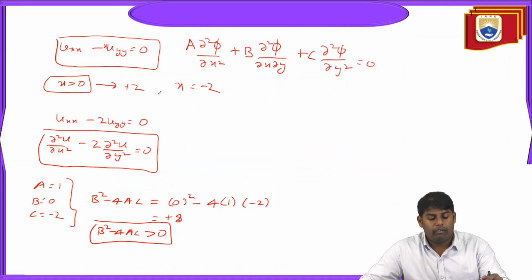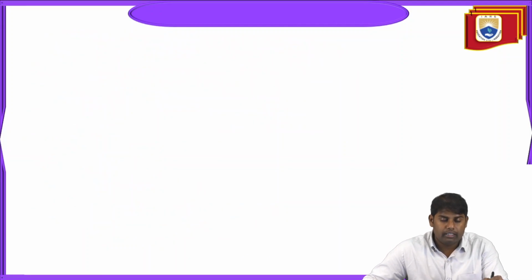So with this, we have seen some sample examples for the hyperbolic, parabolic, and elliptic equations, and we have also seen the Tricomi equation. And there is one method where you can get to know whether you have a parabolic equation or a hyperbolic equation.